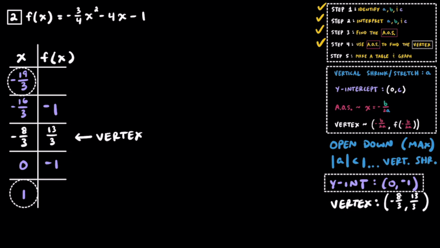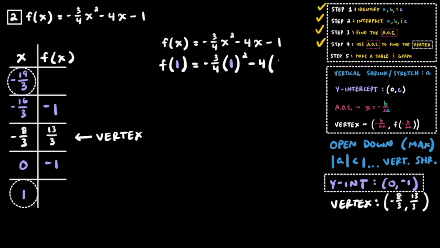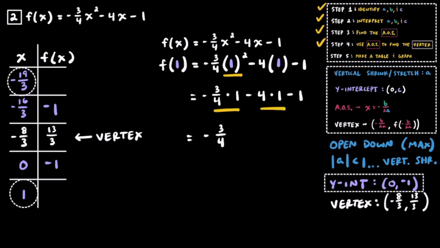Now let's go ahead and plug in either negative 19/3 or 1 into our function to see what the y value is at those locations. I don't know about you, but I'm going to find f of 1. At this point, let's go ahead and rewrite these using common denominators.